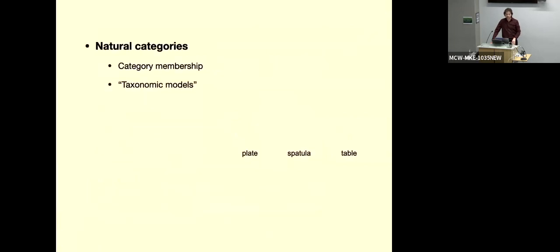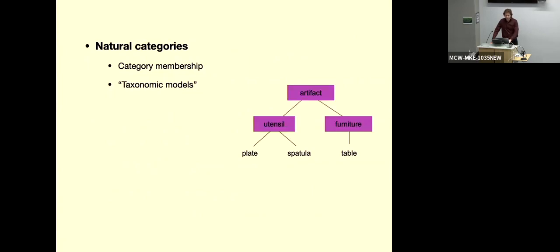So here's an example of how we can determine quantitatively the similarity or dissimilarity between three different words according to natural categories, or taxonomy. Plate and spatula belong to the same utensil category. Table belongs to a different category. And those two categories, utensils and furniture, are both artifacts. The distance between plate and spatula in this case would be 2 steps.